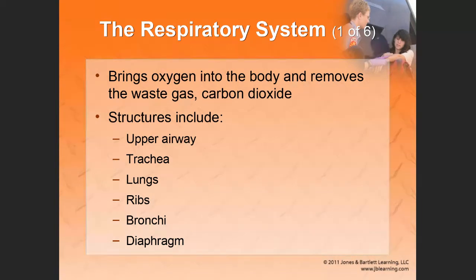The diaphragm is a very important skeletal muscle to breathing, essential to a patient's ability to ventilate. Ventilation is the mechanical action of breathing in and out, inhalation and exhalation, or inspiration and expiration.